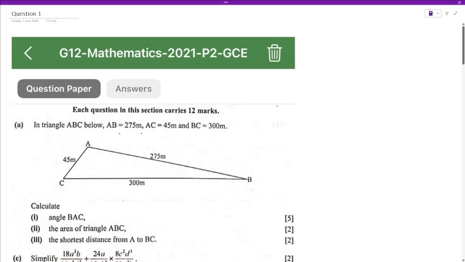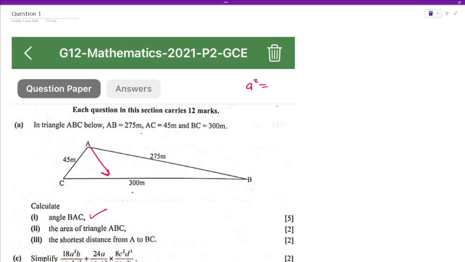In triangle ABC below, AB is, they're just describing the shape we're seeing down here. Calculate angle BAC, the angle at A. So now for this type of equation, I did mention the formula is going to be derived from the one used to find the side. So let's assume we're finding side A. So let us name this triangle according to the triangle notation.